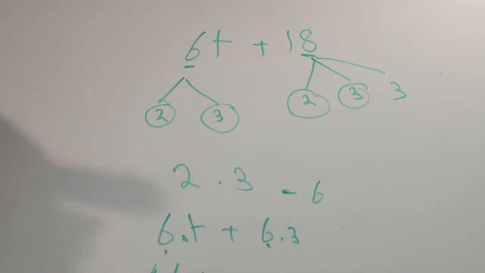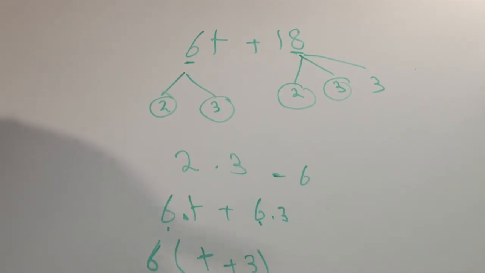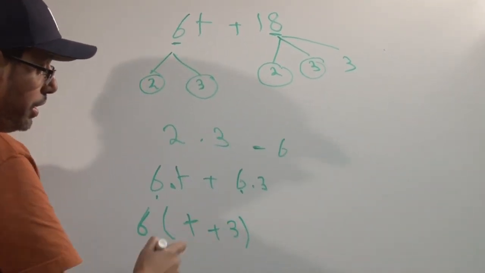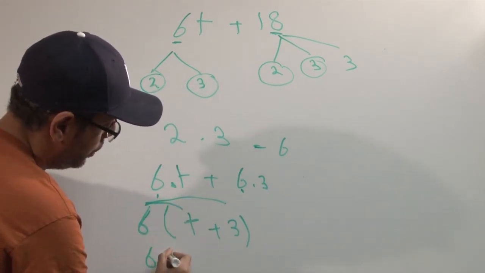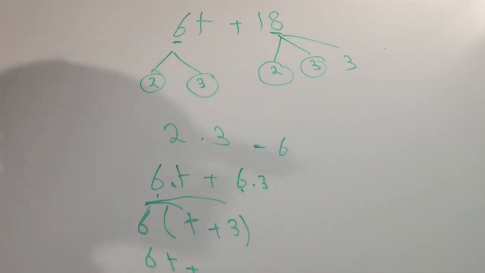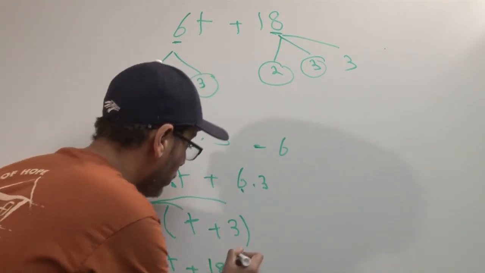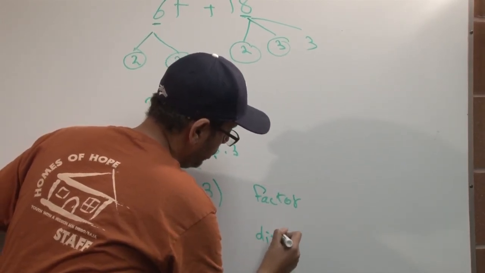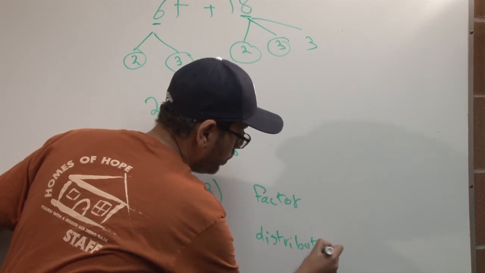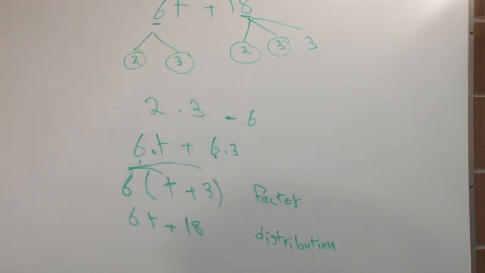If I go back to what I have learned before of distribution, if I distribute 6 here, I go 6t plus 6 times 3, which is 18. So this is factoring, and this is distribution. And by this example, we have finished the first section, 6.1, the greatest common factor. Thank you, and see you in another section.